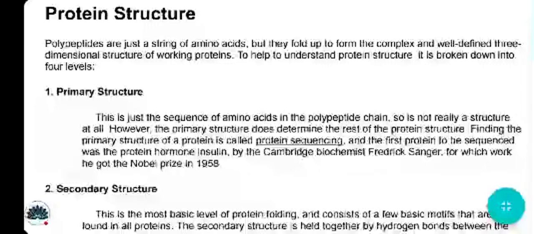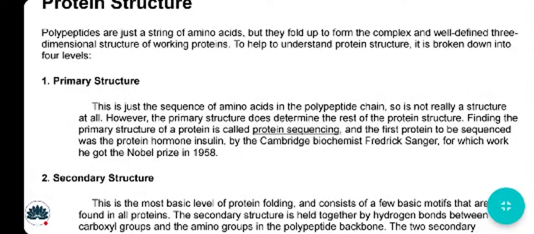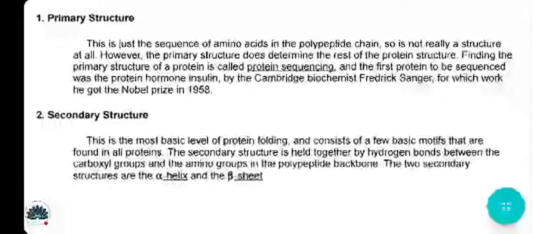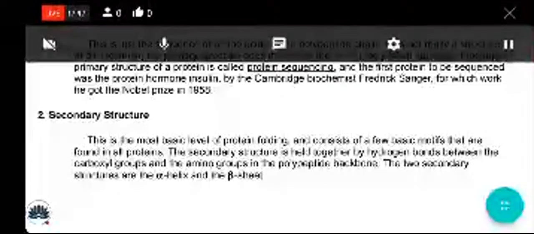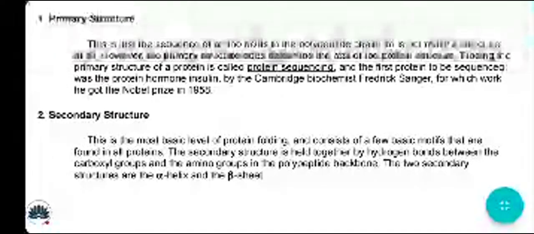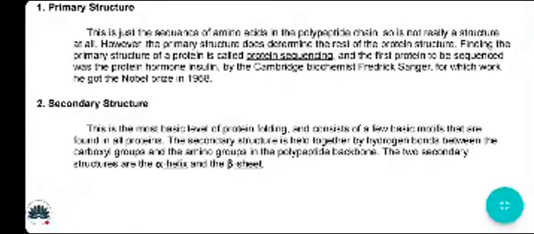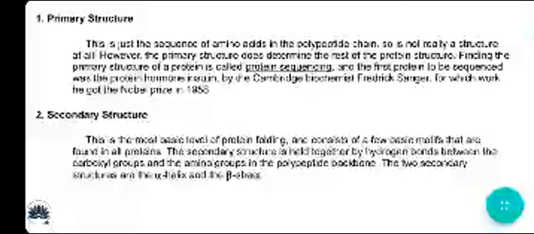In the structure, which is very important, polypeptides are just a string of amino acids, but they fold up to form the complex and well-defined three dimensional structures of working proteins. To help understand protein structure, it is broken down into four levels: number one, primary structure; number two, secondary structure; number three, tertiary structure; and number four, quaternary structure.